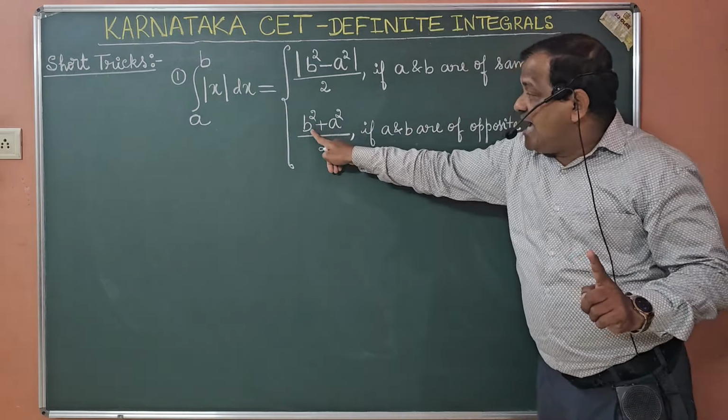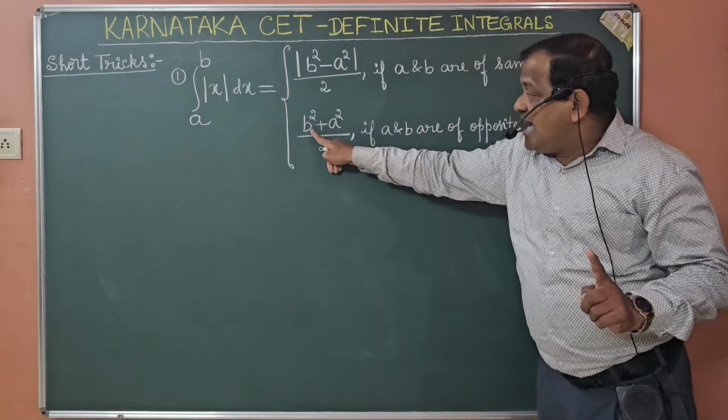In case this appears, assume integration from 3 to 8 of mod x dx. Here the lower limit a is 3, positive, and the upper limit b is positive 8. They are of the same sign.